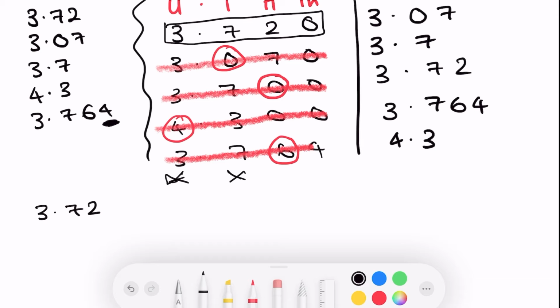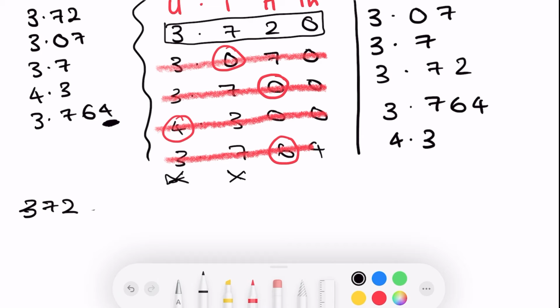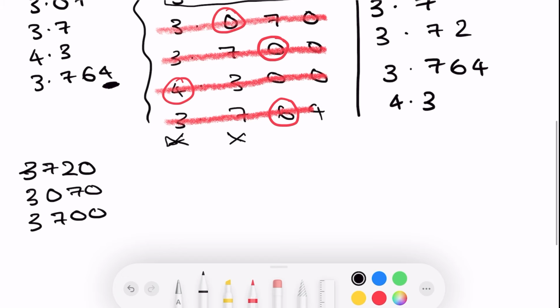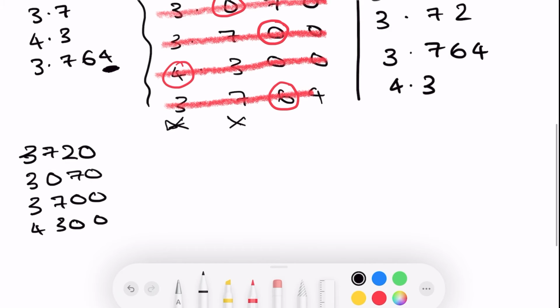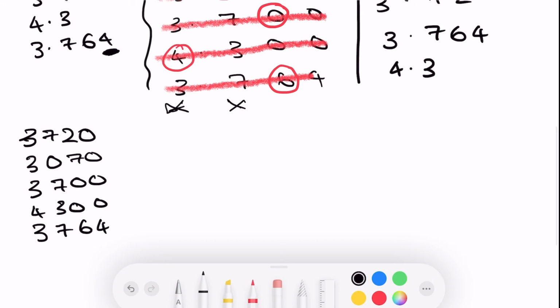We're going to have 3,000, sorry, 3,720, 3,070, 3,700, 4,300, and 3,764.